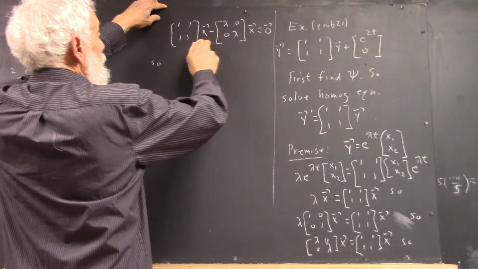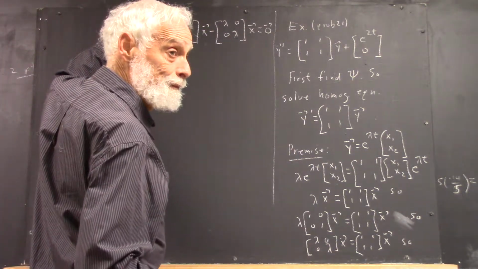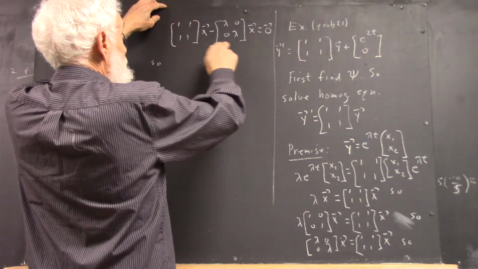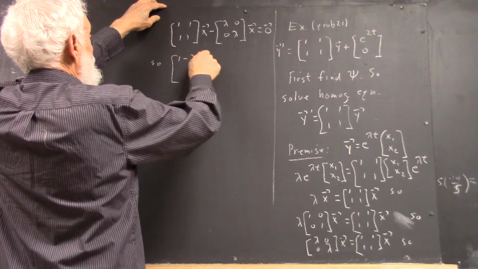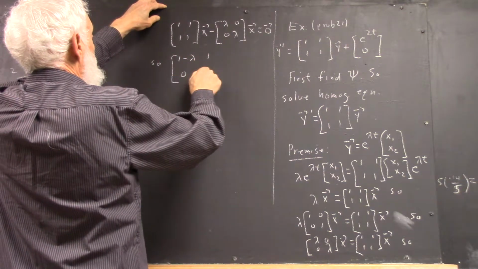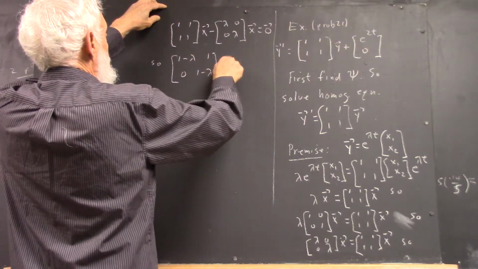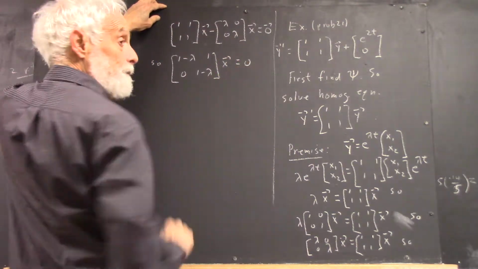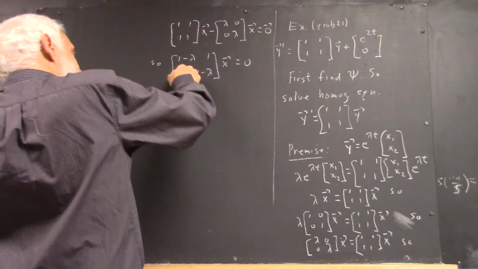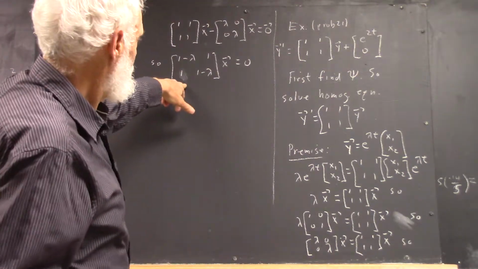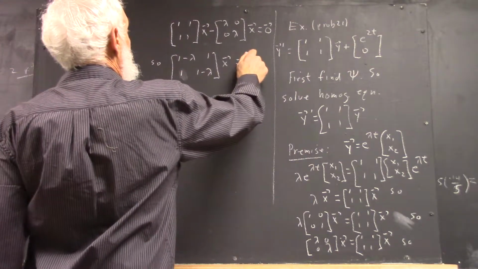So we can factor the x out. And then we have this matrix minus this matrix times x, and that gives us 1 minus lambda, 1, 0, 1 minus lambda, x equals 0. I'm a little ahead of my game, writing a 0 here.